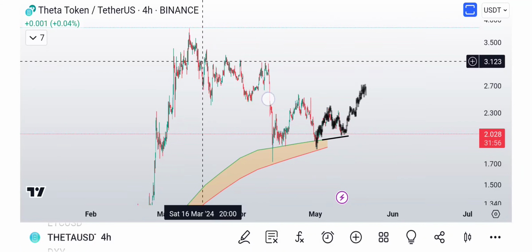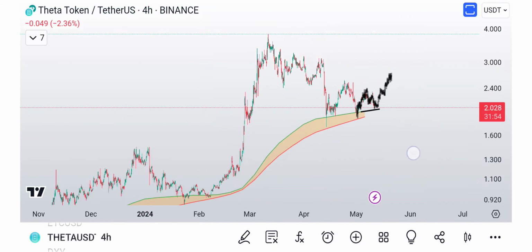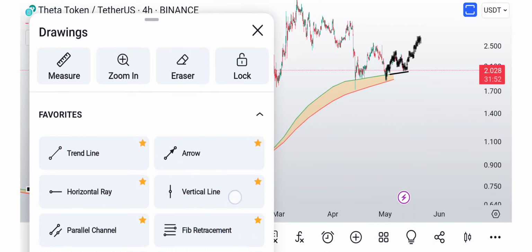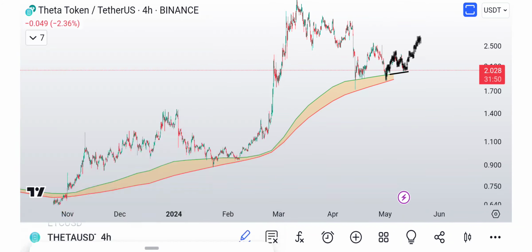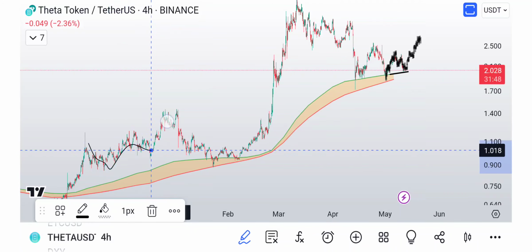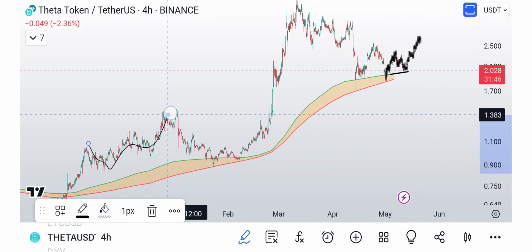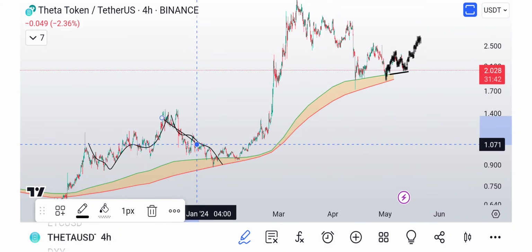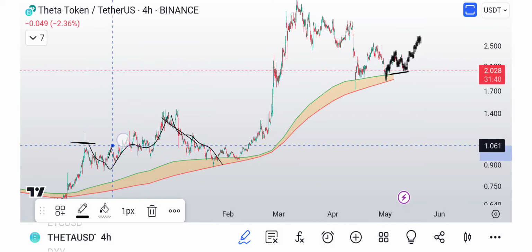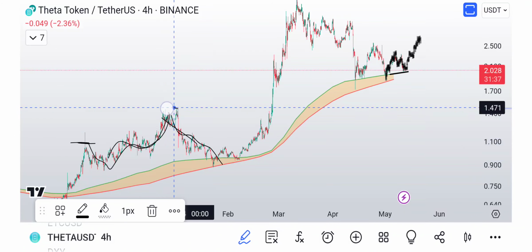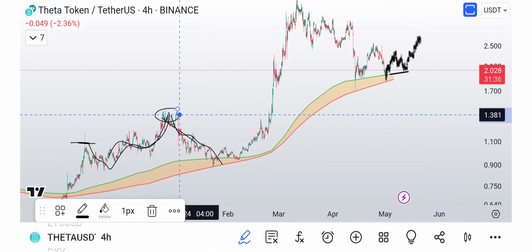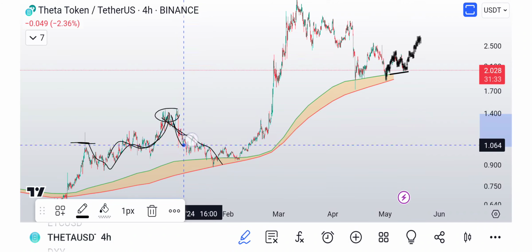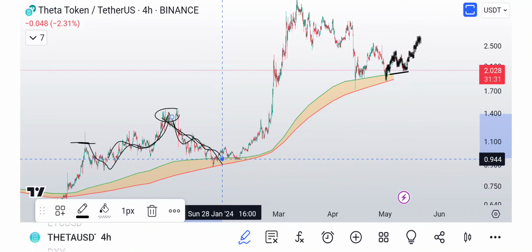It looks a lot different as far as the correction, because this correction we can see is a running flat. It came down in A, came up in B, and then it came all the way back down in C. So the fact that, here's the top, the fact that it came all the way up and broke the top gave it a lot of wiggle room to then correct back down.